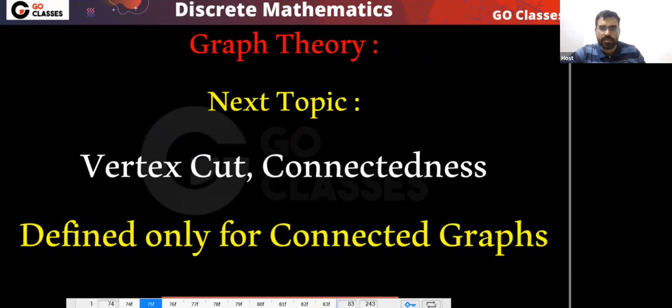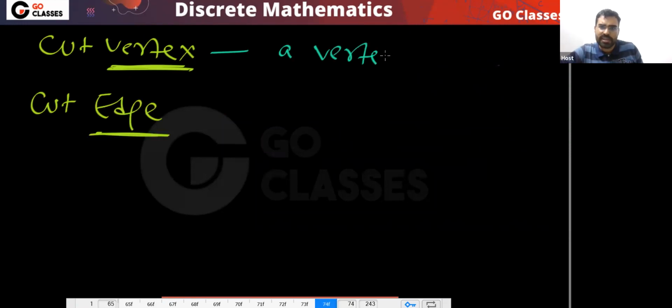Now remember, see this. The concepts that we have seen so far: cut vertex, where focus is on vertex, and cut edge, where focus is on edge. Here this is a vertex which disconnects the graph, and this is an edge which disconnects the graph.